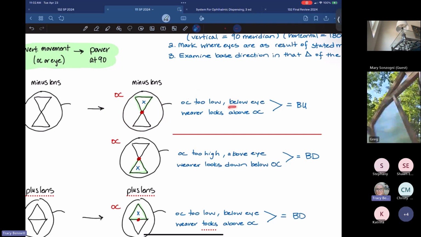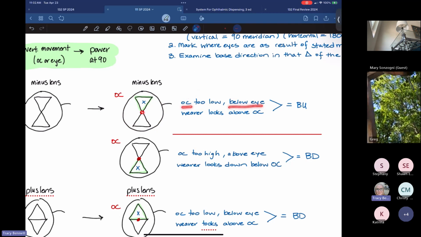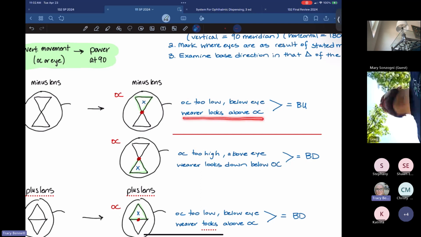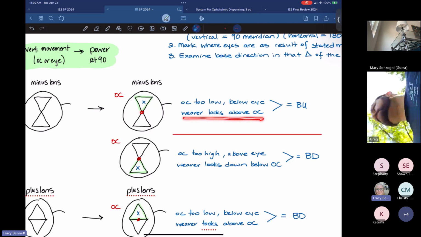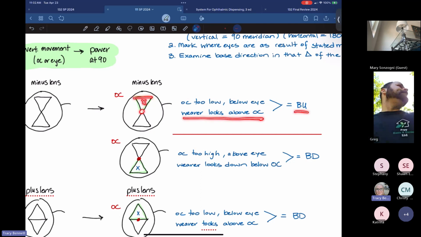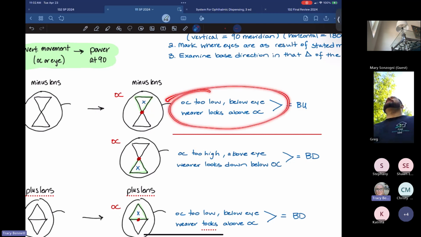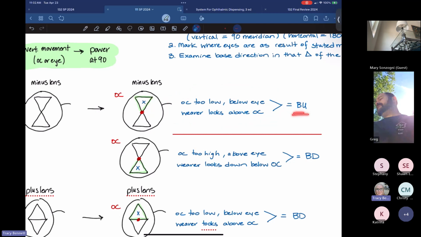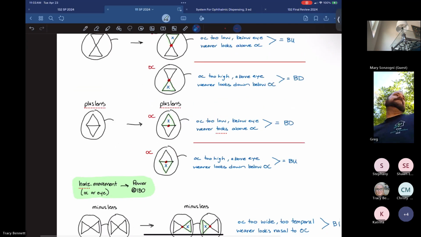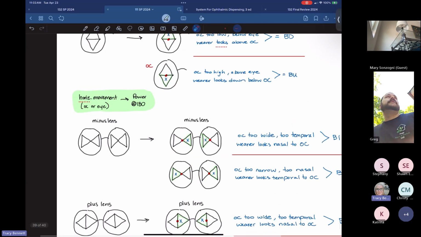So if the OC is below the eye, then that means here the wearer base up. Or if my wearer looks above the OC, then there's the OC and they look up, base up. Every single one of those is going to end up with the same resulting prism. And then you have the same thing with these here, the wearer looks versus the other one.